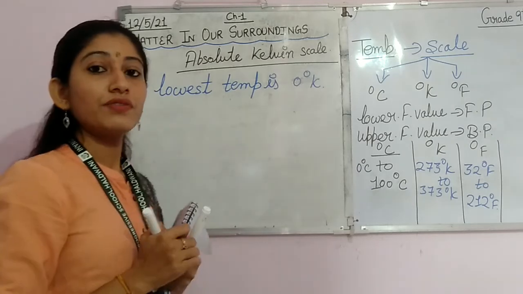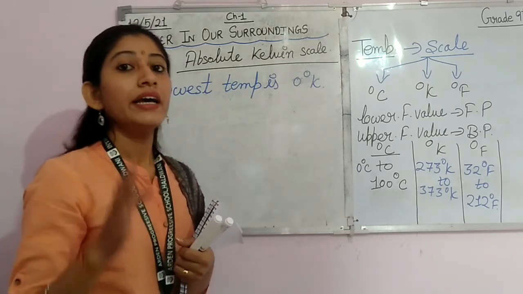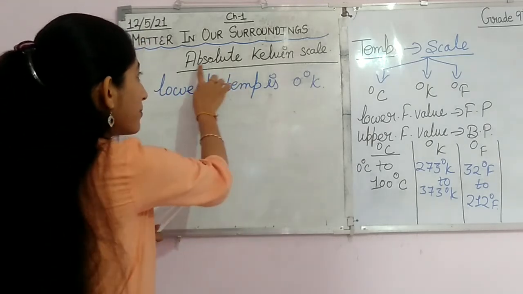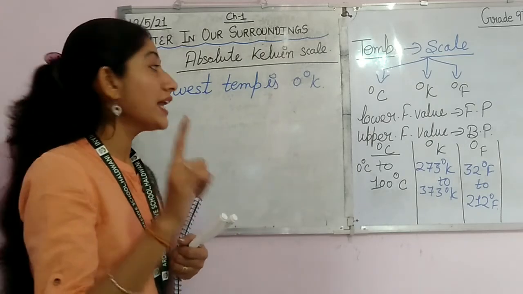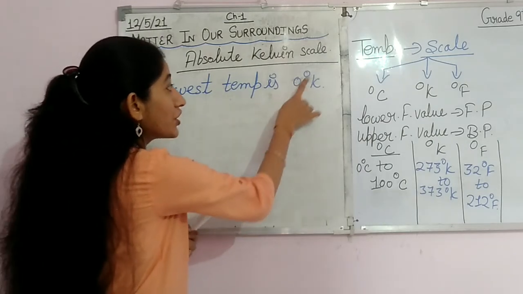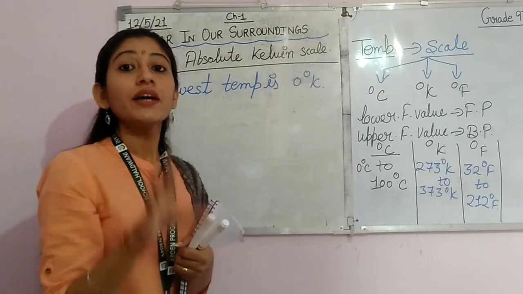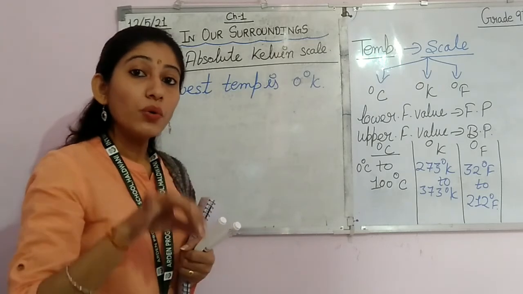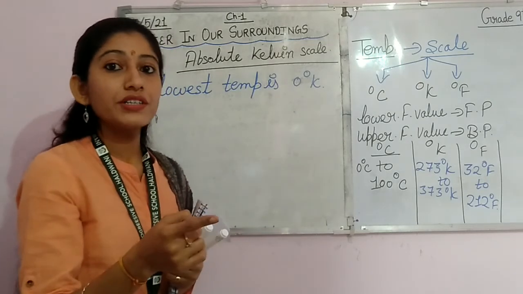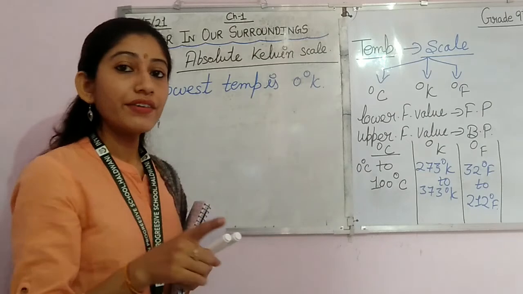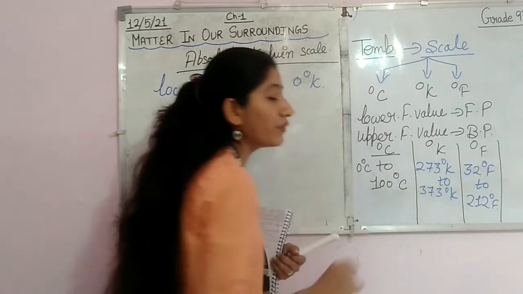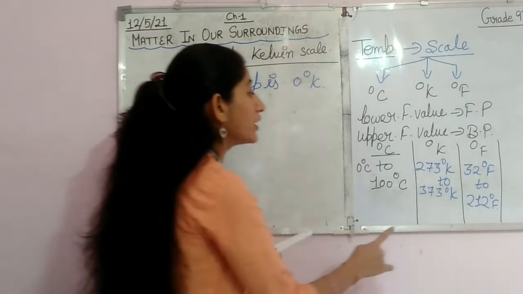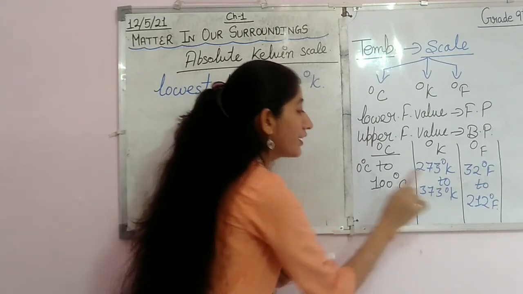Now what you have to keep in your mind is that when we are talking about absolute Kelvin, then we are saying that Kelvin scale has lowest temperature 0 degree Kelvin. But when we are talking about the lower fixed value and upper fixed value of the Kelvin, then we are saying that lower fixed value is 273 degree Kelvin and upper fixed value is 373 degree Kelvin.